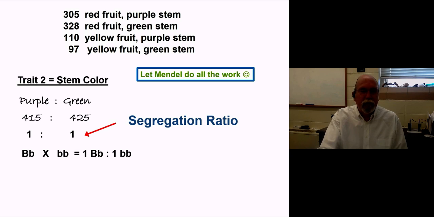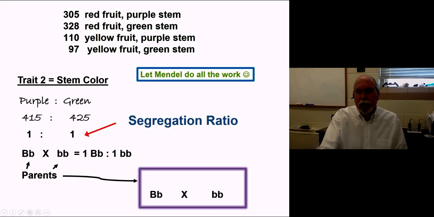Now we want to change over to some other alleles, but somewhere we've got to have a het times a homozygote producing that. That makes these become the parents, right? That's the cross they must be, okay? And so that means that one of them is going to be purple and one's going to be green.